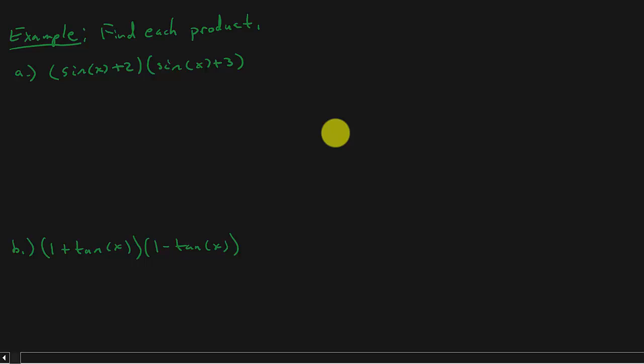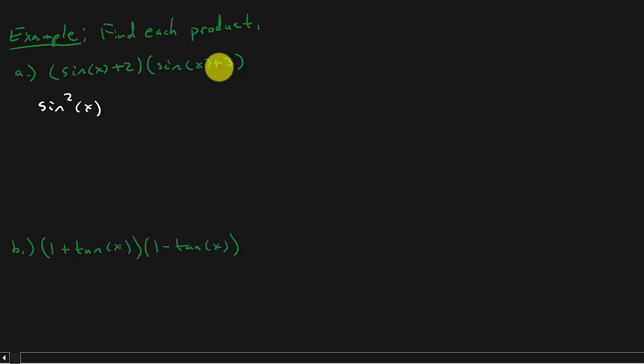All right, so this one is really nothing new. You should know how to do the full method. You just probably haven't done it with trig functions yet. So let's multiply these out. We've got sine times sine, which gives us sine squared. All we're doing is FOILing it.